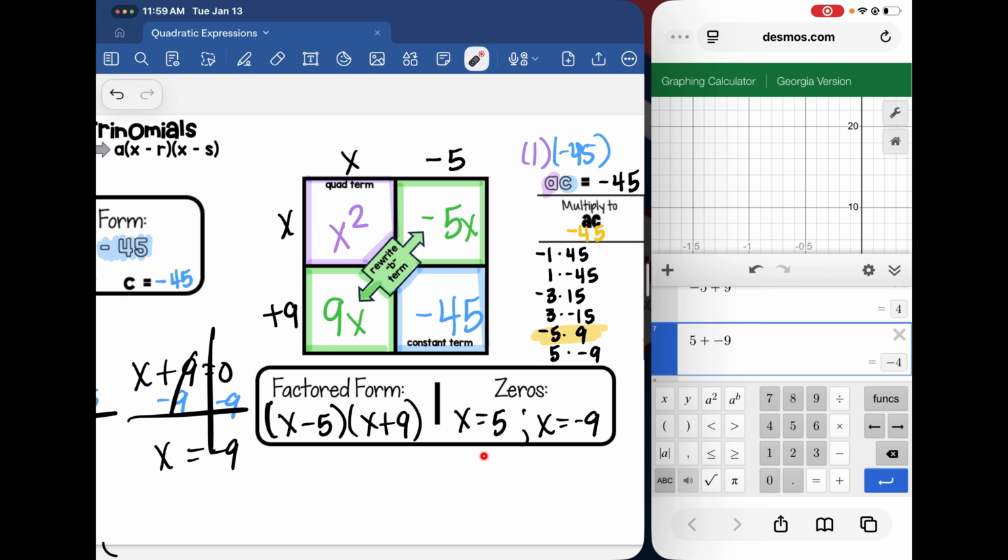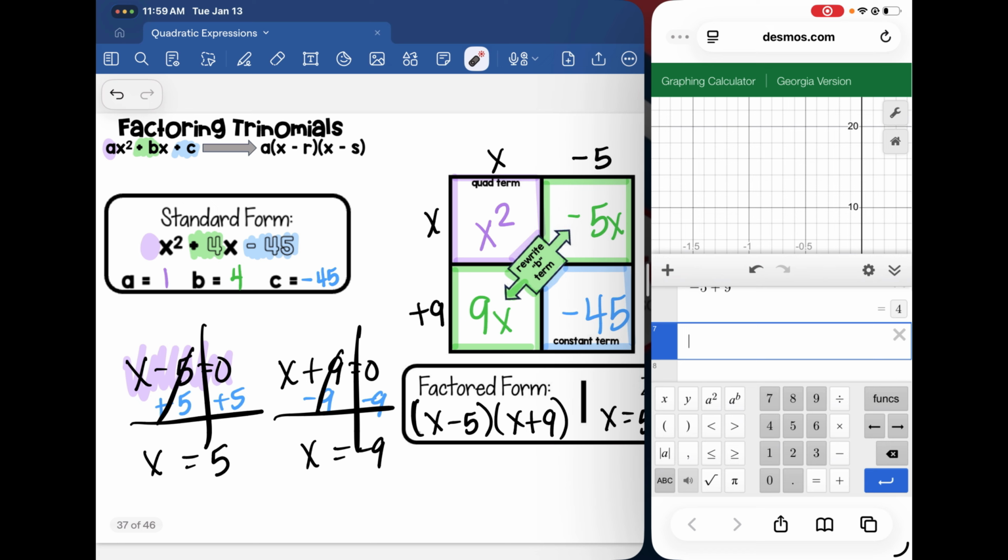What do you notice about this and this? They're what? Opposites. What do you know about this and this? They're what? Opposites. So let's check our math, our graph, to see if we were right. Our standard form was x squared plus 4x minus 45.